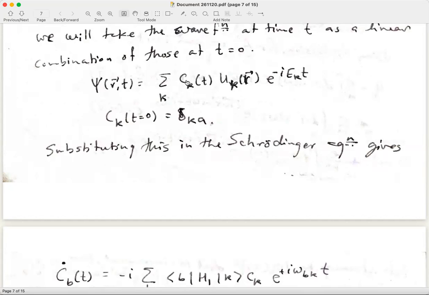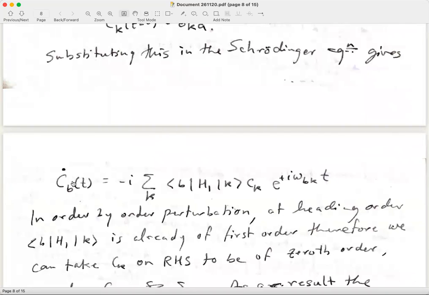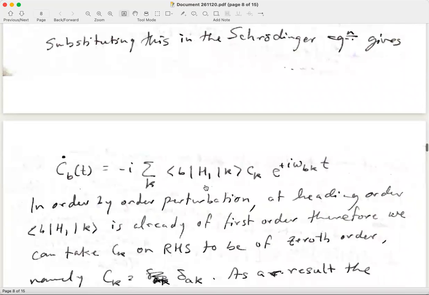But when it actually acts on c, then you get an expression like this. So time evolution of these coefficients is given by the matrix element of the perturbation Hamiltonian between the initial state and the desired final state b. And clearly the amplitude will depend on omega_b minus omega_k.